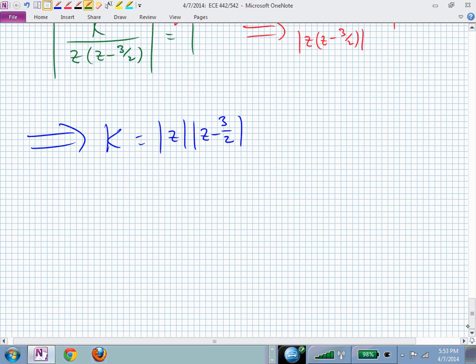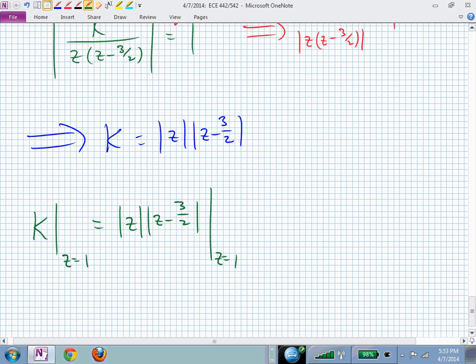So let's just evaluate that expression for k at that boundary of stability. Meaning we are now going to say k, when z is equal to 1, that will get us right to the stability boundary. Or we now have z minus 3/2, all evaluated at z equal 1.